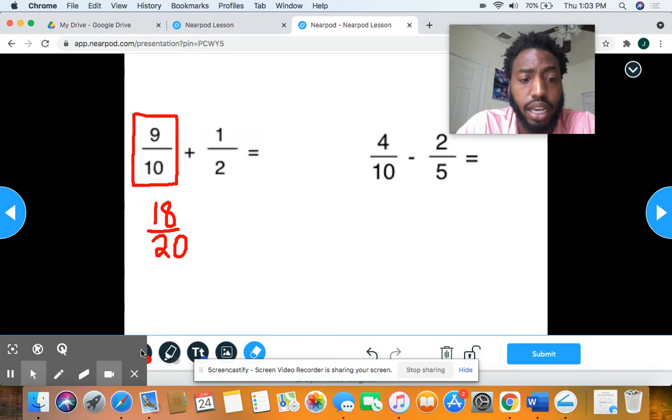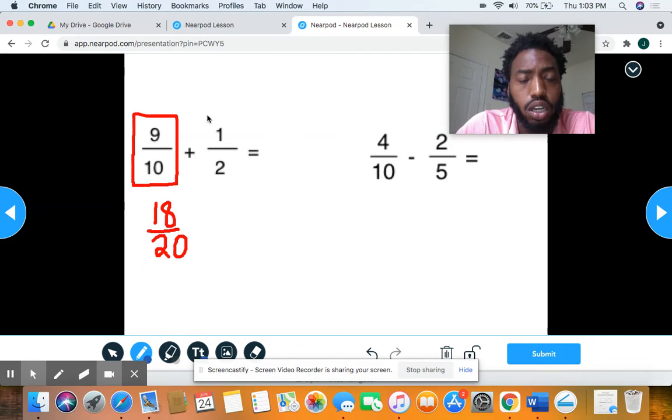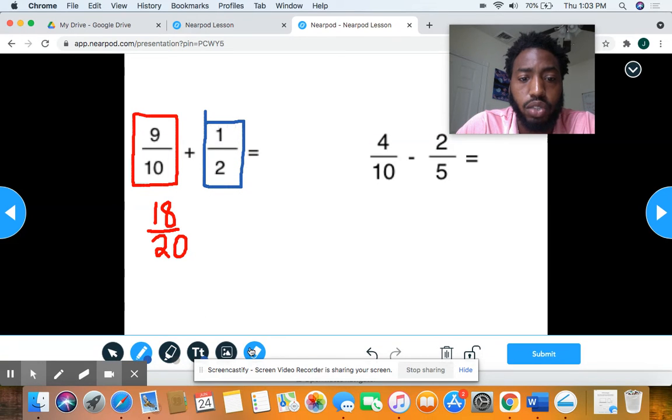Now I'm going to move to my second fraction here. I'm going to change my colors. So now I draw a rectangle around my second fraction. Oops, sorry, not the best rectangle, guys.